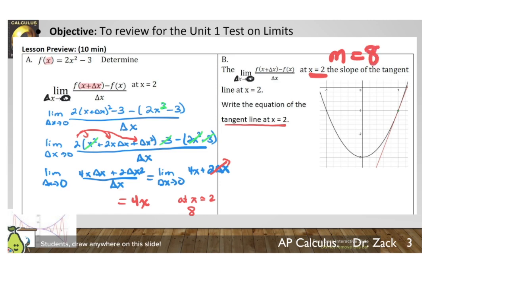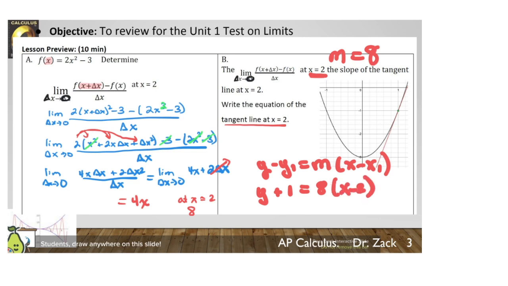That's what you found in part A. So using your point slope equation, y minus y1 equals m times x minus x1, we know that y plus 1 equals your slope, which is going to be 8 times x minus 2. And you can simplify if you would like. Y equals 8x minus 17. Now, where did the plus 1 come from, you might be asking? When you look at your point, it is the point 2, negative 1.